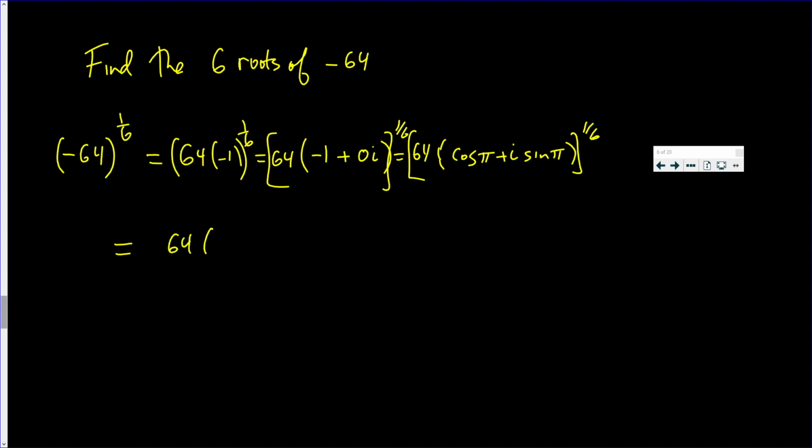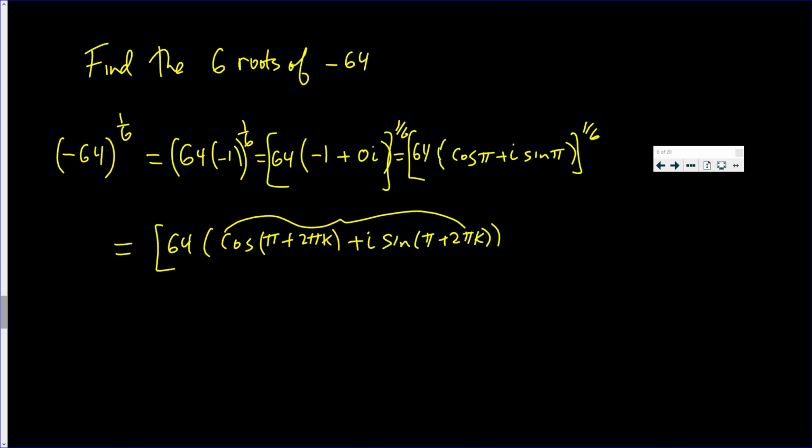This is 64 times cosine of pi plus 2 pi k plus i times the sine of pi plus 2 pi k. That here is negative 1 for any value of k.